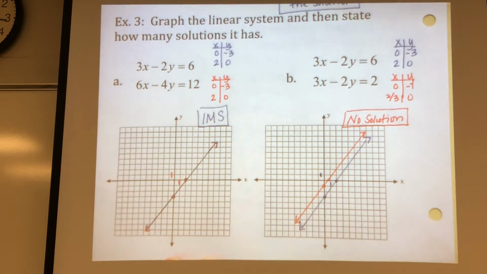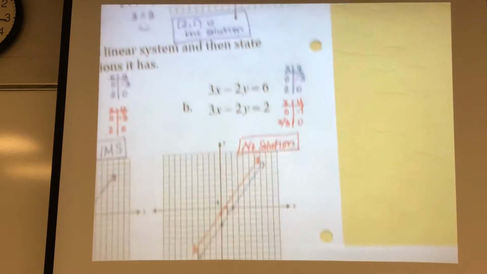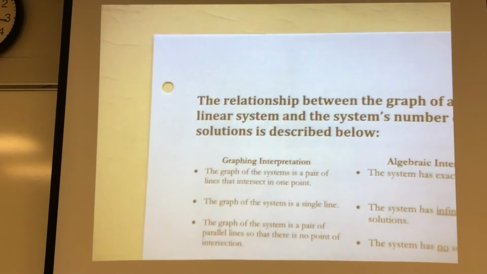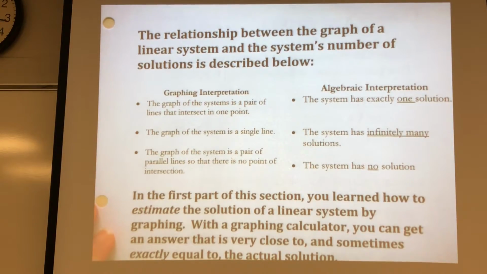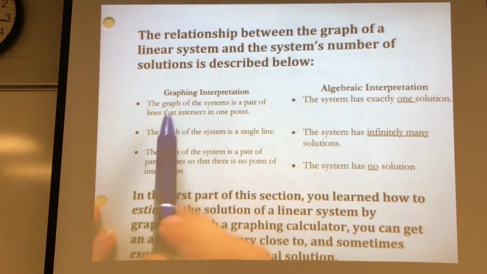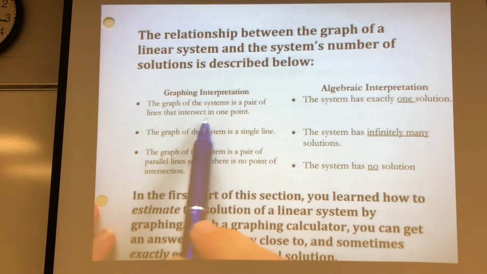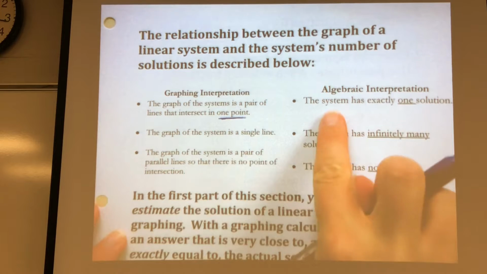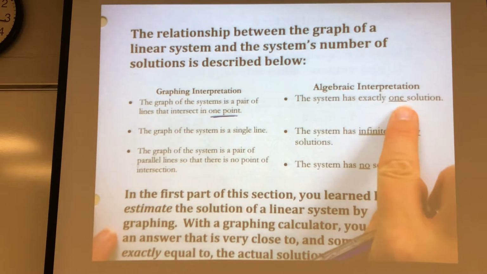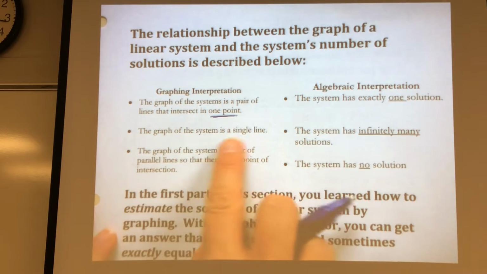All right, so this next section just summarizes what we just talked about. The relationship between the graph of a linear system and the system's number of solutions is described below. The graph of the system is a pair of lines that intersects at one point. That's what we did on example 2. It means that it has one solution. The graph of the system is a single line.